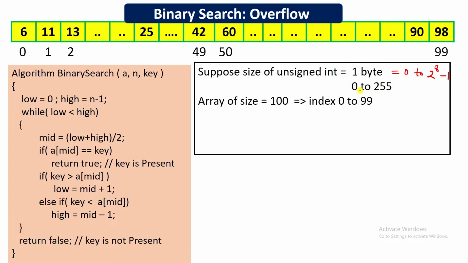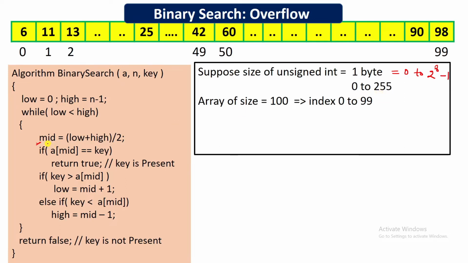That means numbers like 0, 1, 2, up to the last number 255 can only be accommodated in a variable of type unsigned integer. Let's say mid we have declared as unsigned int while implementing this binary search. That means inside mid, only values from 0 to 255 can be accommodated.